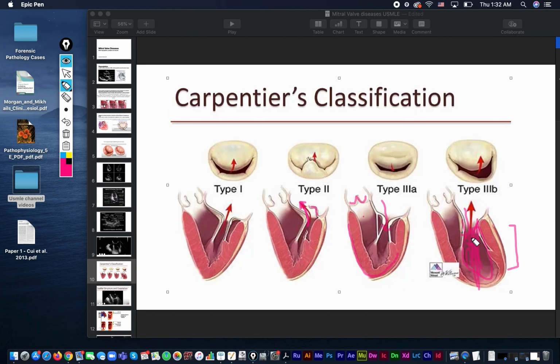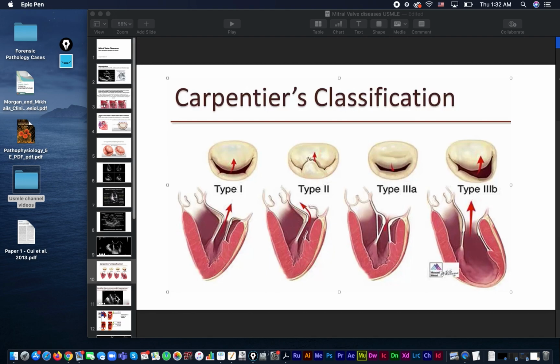So you get eccentric jet flow into the left atria, and of course, again, can risk atrial enlargement, and then eventually pulmonary edema, and then right heart failure, and so forth. So that's the classifications of the different types of regurges.